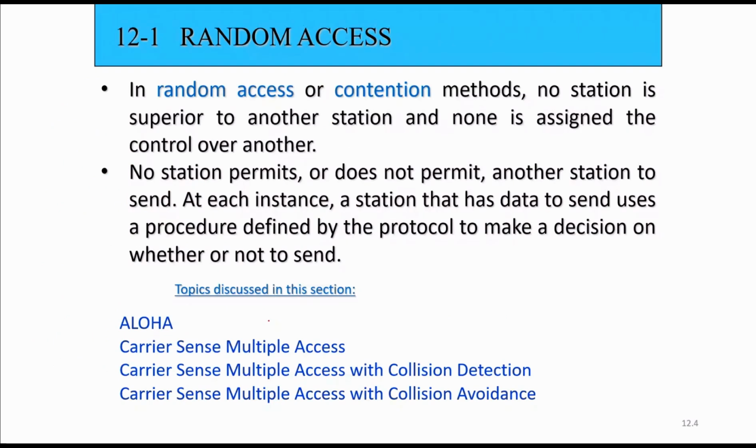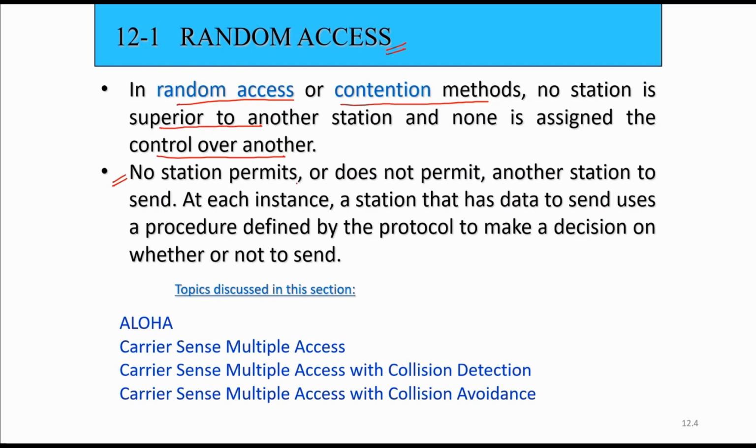So we will just look into the random access protocols. Here, in the random access or contention method, no station is superior to another station and none is assigned control over the other. In the sense, no one can control the other station and no one has higher superiority. Control over others and superiority are the main points.